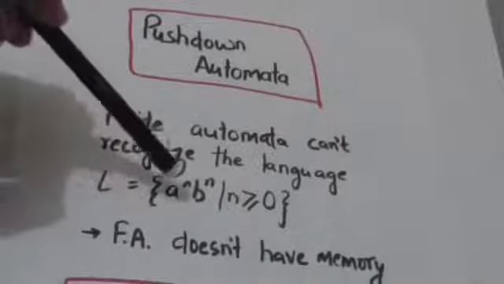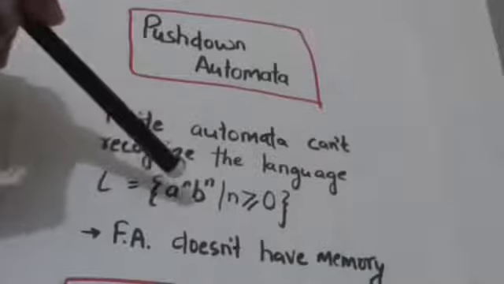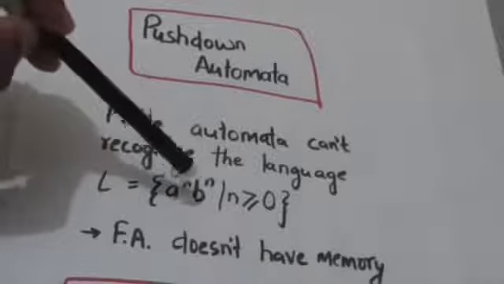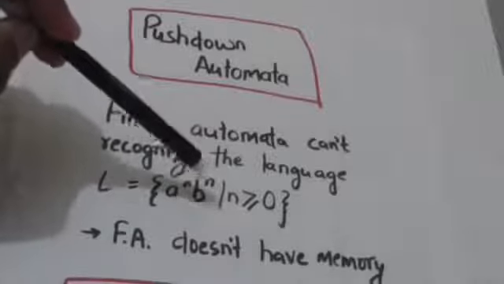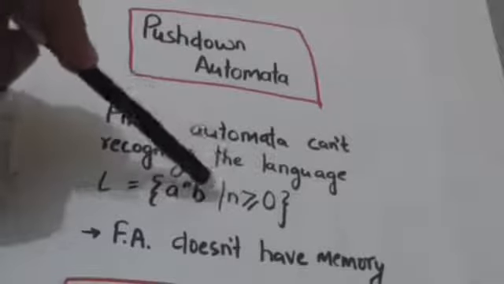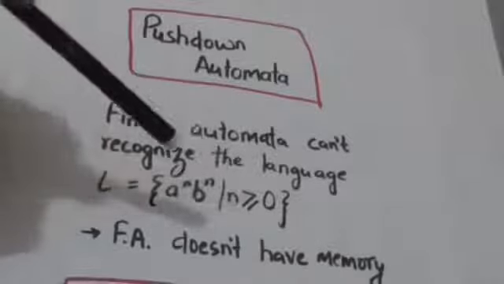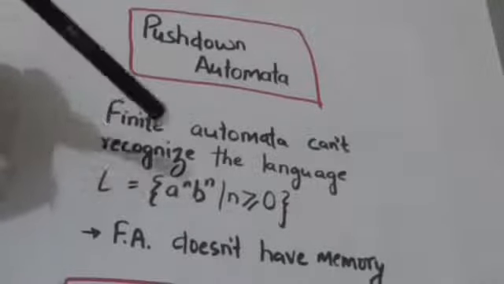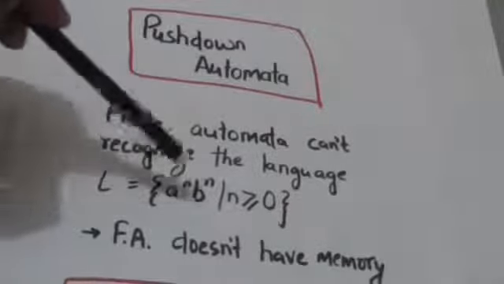See, this language contains strings in which the number of A's is equal to the number of B's and no B is followed by an A, right? So why can finite automata not recognize this language?